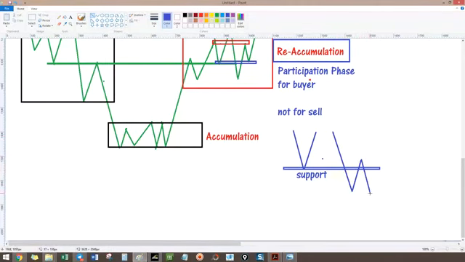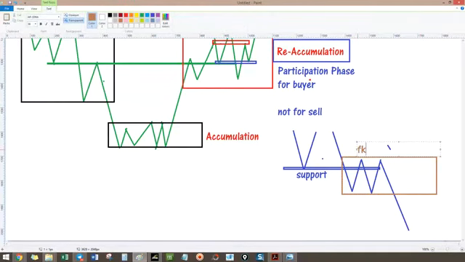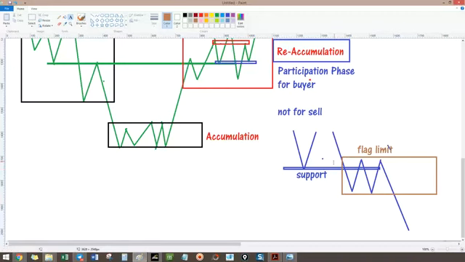For example, the break of this, and choose another color. The break of this is called a flag limit. It's not a structure, it's just the base that is created by the breaking of support.